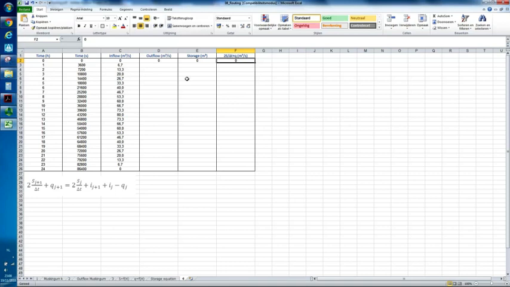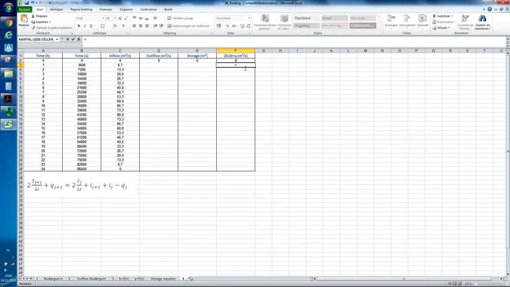Now, for the next time step, we need to calculate Sj plus 1, 2 times Sj plus 1 over delta T plus Qj plus 1, based on these factors.